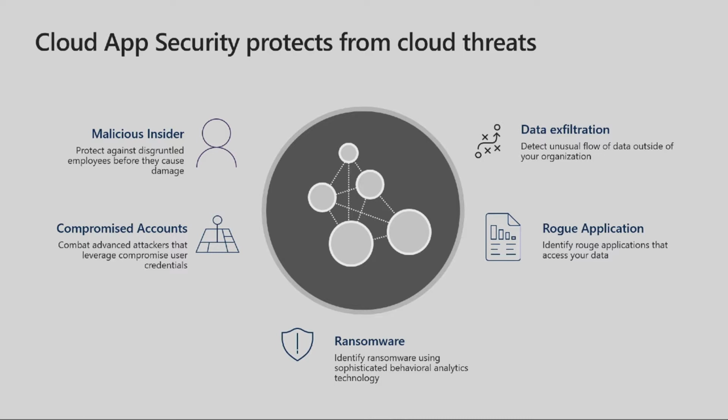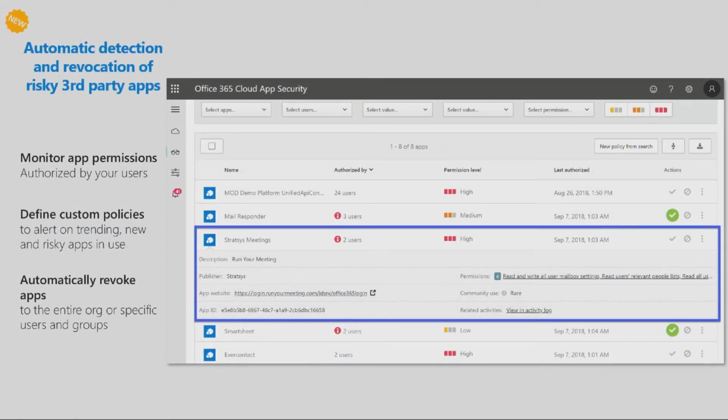These are applications where a user may have installed a plugin or an application and consented to provide access to their mailbox content. IT wouldn't have visibility into these apps without Cloud App Security. So here what you're seeing is the app permission page, where I can discover all the applications that my users have consented to, and identify how prevalent the application is in my organization, as well as the permissions that it has.